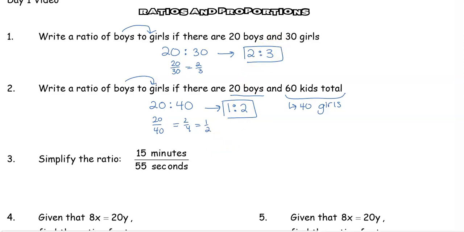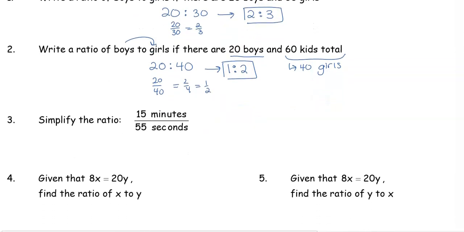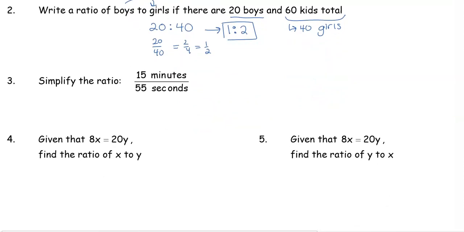All right, so now we're going to simplify the ratio, and our ratio is in fraction form this time. What we want to be careful about is when I look at this, I have 15 minutes over 55 seconds. I can't simplify a fraction if I have different units. So the first thing we're going to do is get the same unit of measurement.